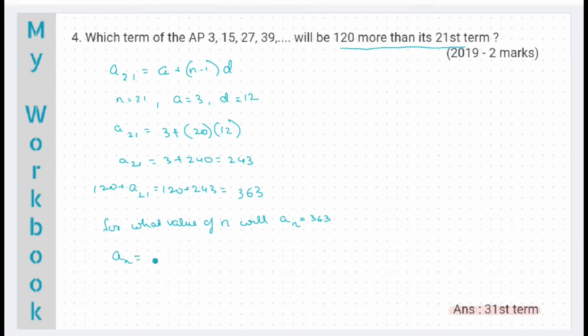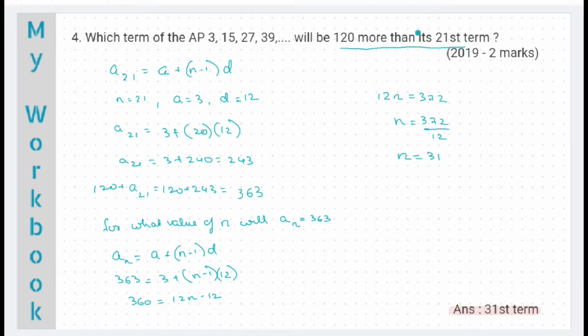A of n is generally written as a plus n minus 1 into d. 363 is the term that we need. 372 by 12 will be 31. So the 31st term will be 120 more than its 21st term.